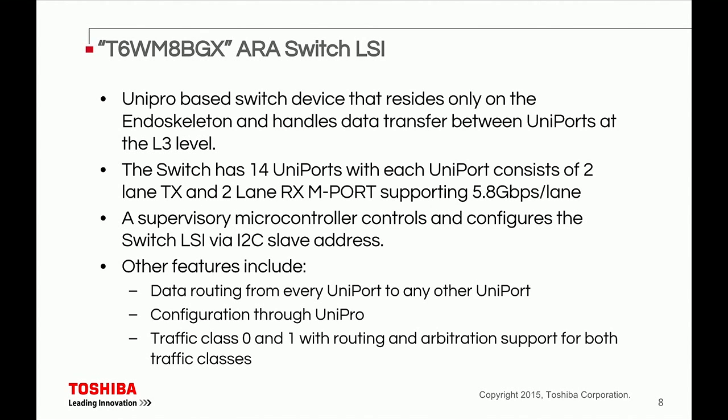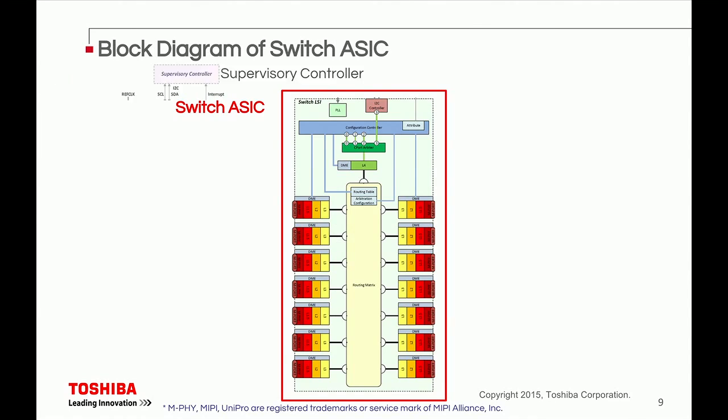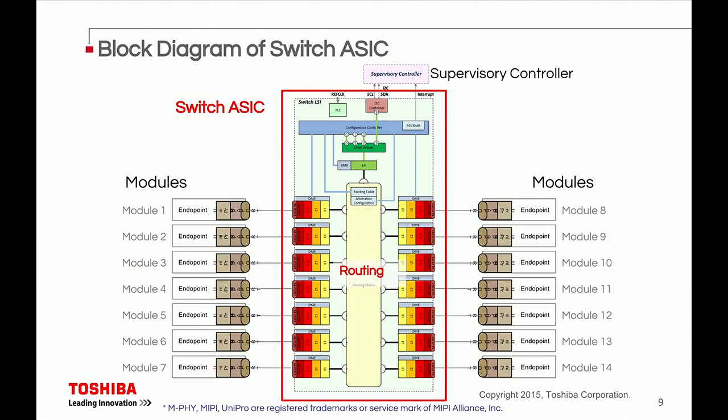Basically, it is just a switch device. You have 14 endpoints able to cross to each other. It's handled through the I2C by a supervisory controller. And basically the backbone of the endoskeleton is this particular switch.